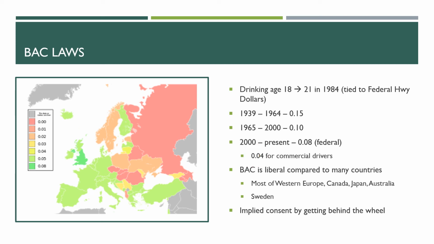In the United States, this is actually quite high. In many, many countries, most of Western Europe and Canada and Japan and Australia, you have a really, really low legal blood alcohol concentration. In Sweden, it's effectively zero. So you can see in Russia, and in Poland, there's no tolerance for any amount of alcohol in their system.